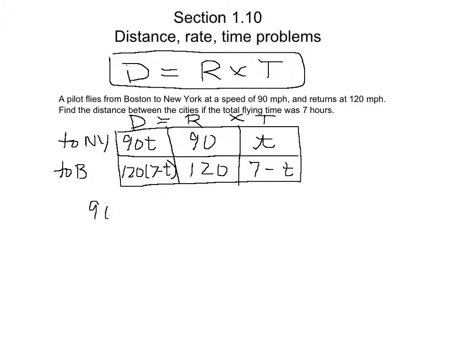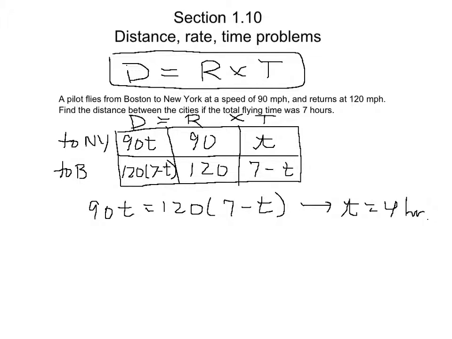So therefore, 90t is equal to 120 times 7 minus t. Now, if you solve this equation, and you should, go ahead, press pause and solve it and see what you get. And you should wind up with t equals 4 hours.